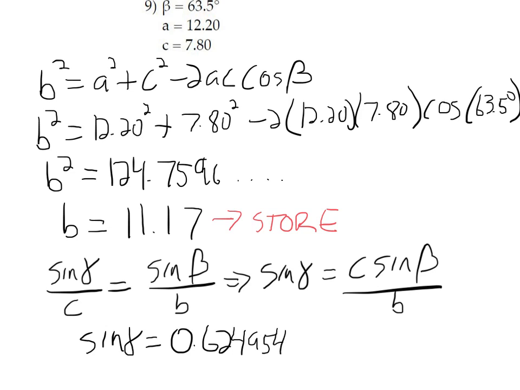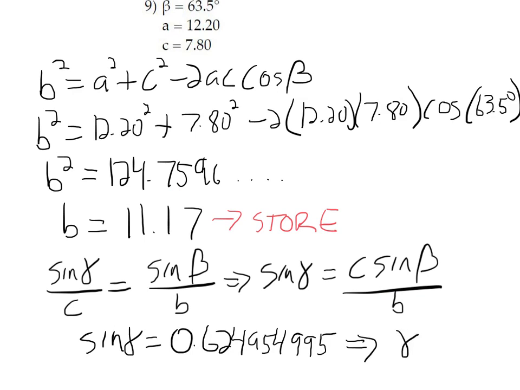I'm writing all of this down because it is important that you use B, the stored value for B, not this 11.17, which will be the final answer for B, but the full information for B. Don't use just 11.17. If you do, then you're not going to get this for sine gamma.